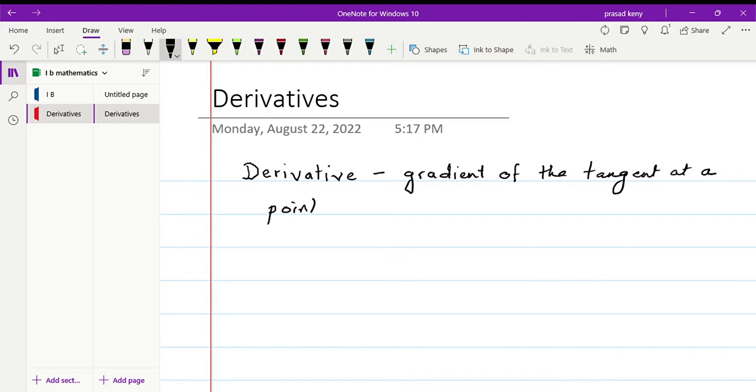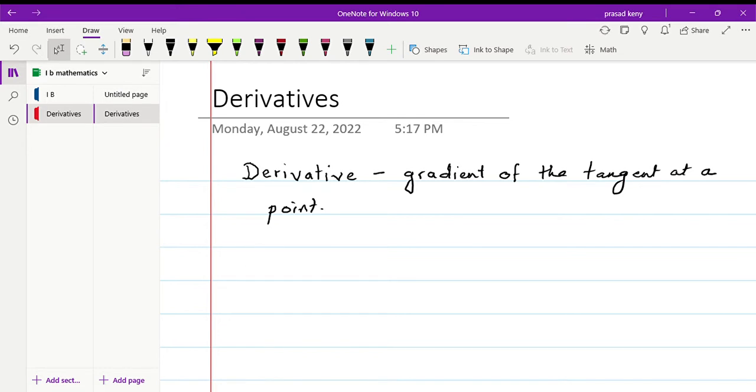Already you have studied how to find the gradient of a line segment. So gradient is defined as the difference in y coordinates divided by the difference in x coordinates, y2 minus y1 upon x2 minus x1.